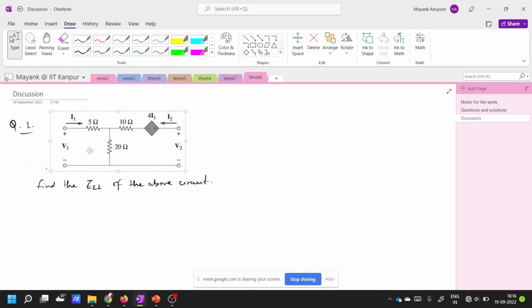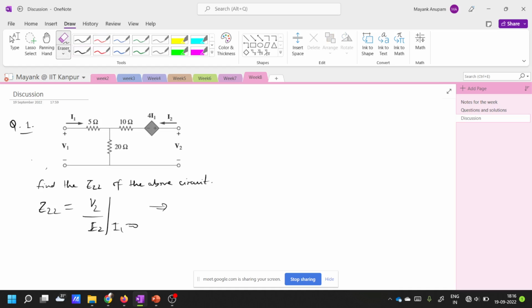Fine, let's do it. So what is Z22? You remember Z22 is equal to V2 by I2 when I1 is 0, right? So this is not short circuit but open circuit.